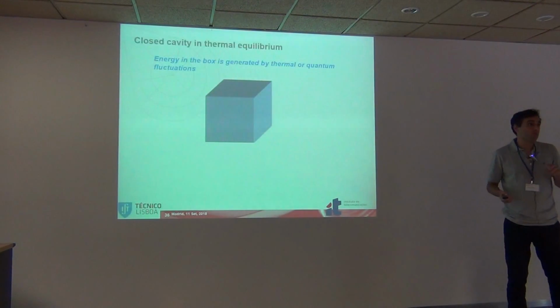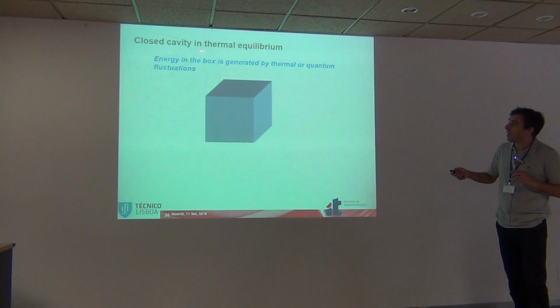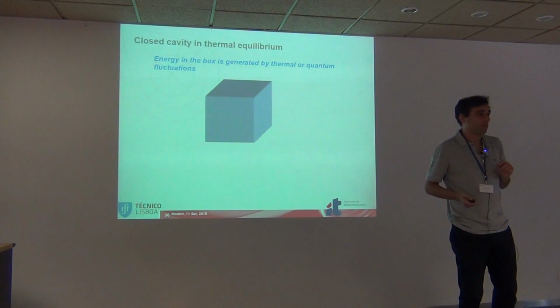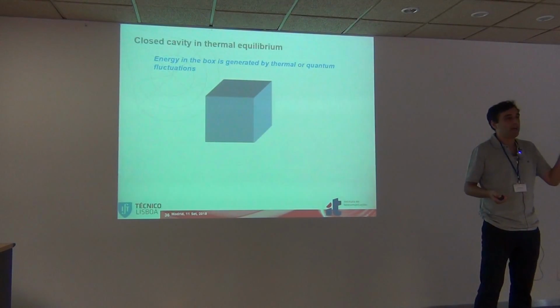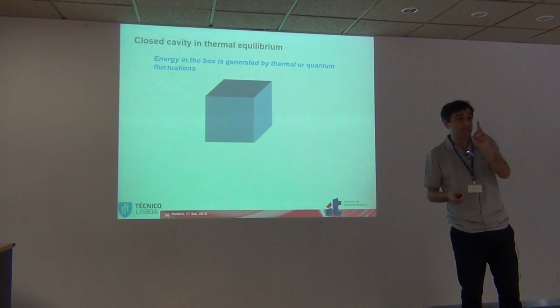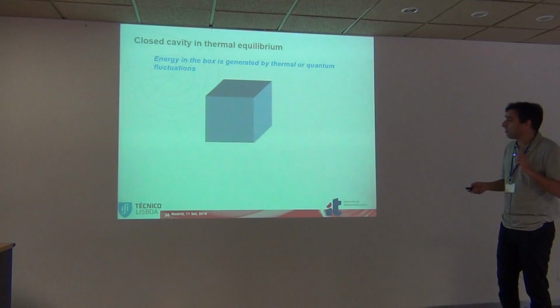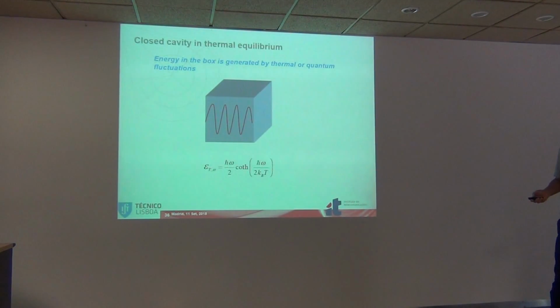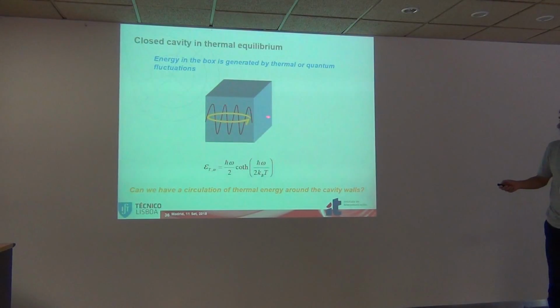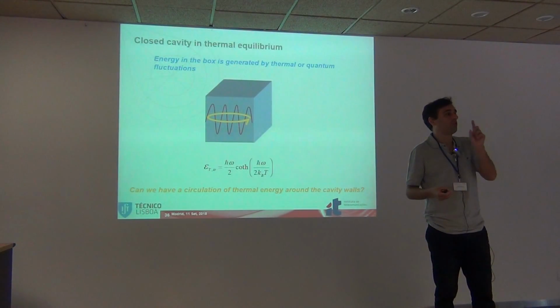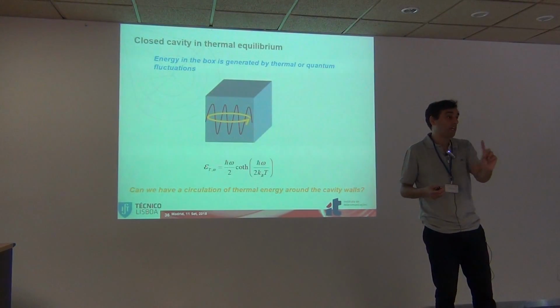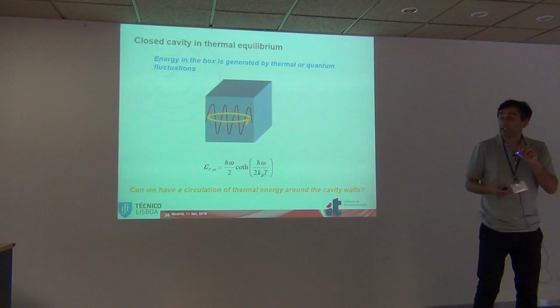So what happens when you consider light that is generated just by thermal fluctuations? Will we get anything of the sort? Will we have some kind of circulating noise in the cavity? And it turns out it is exactly what happens. I'm going to show you, we'll have a circulation of this thermal energy inside the cavity in thermal equilibrium.